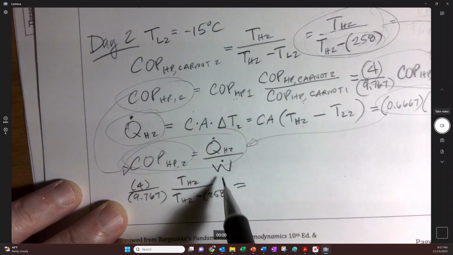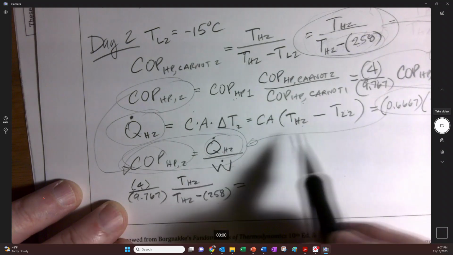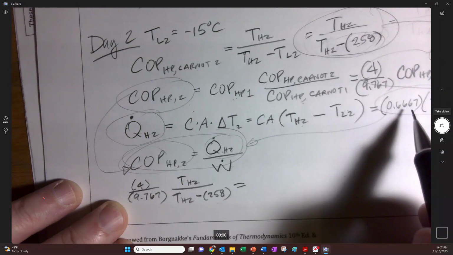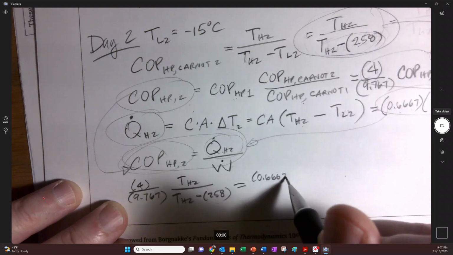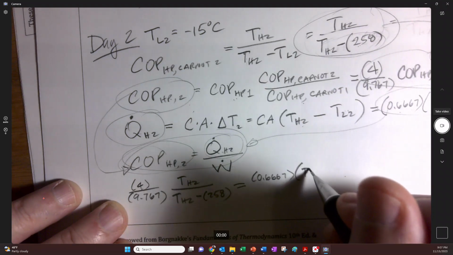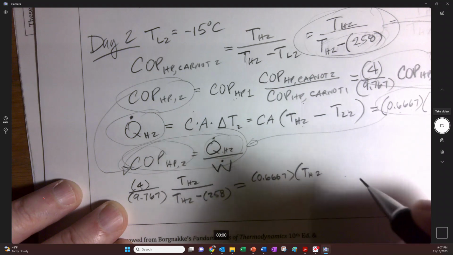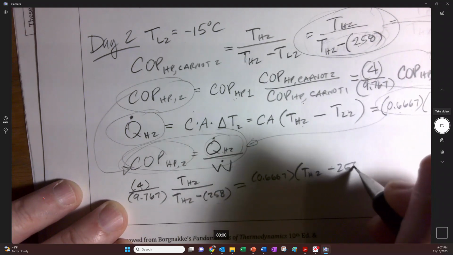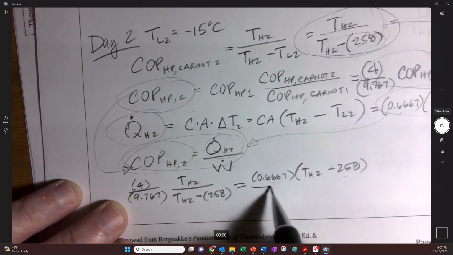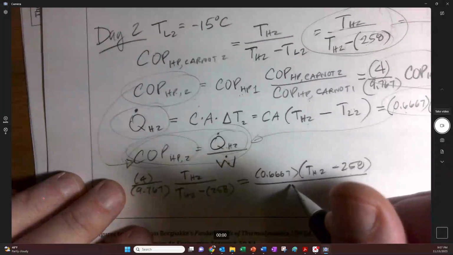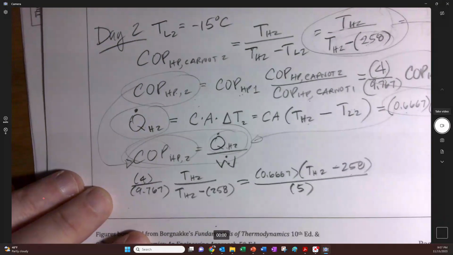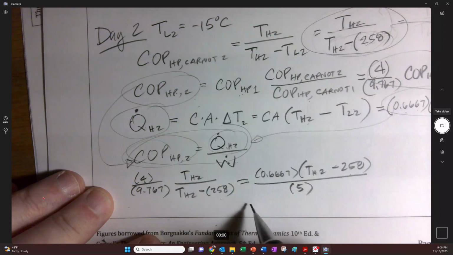It's going to be equal to this Q right here, which is 0.6667 times TH2 minus 258, divided by, and then this is what we got up above, 5 kilowatts was the maximum that we could do. And we can solve for TH2.